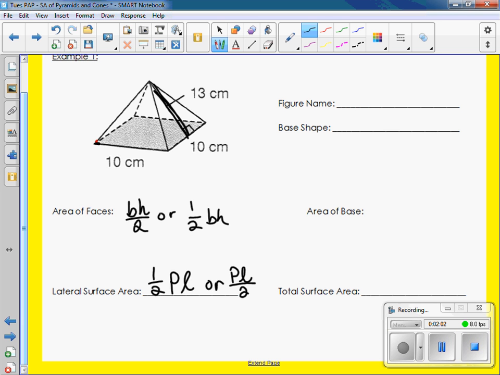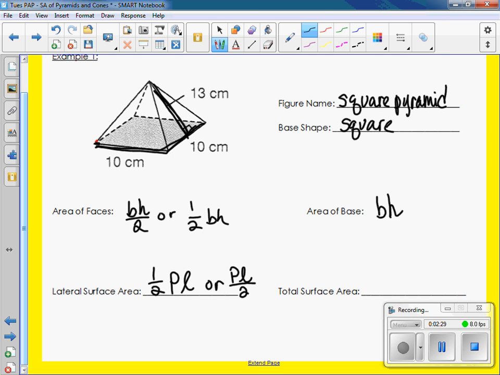Okay, so just to clarify, this is a square pyramid. It is a square because it's 10 and 10, and the base shape is a square. There's only one base, which is why it's a perimeter. So, then when we go to total surface area to develop our formula, we're going to look at the area of the base, which is base times height.